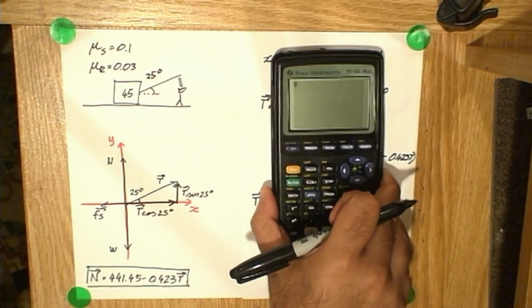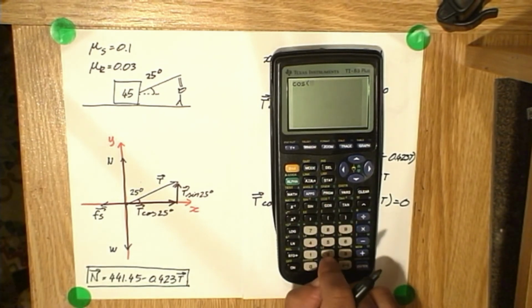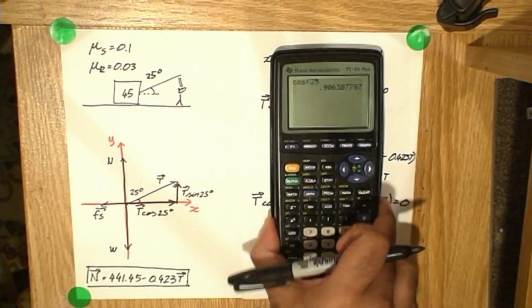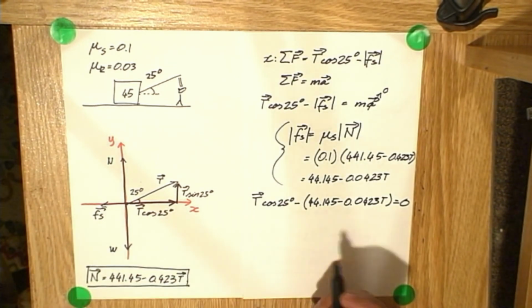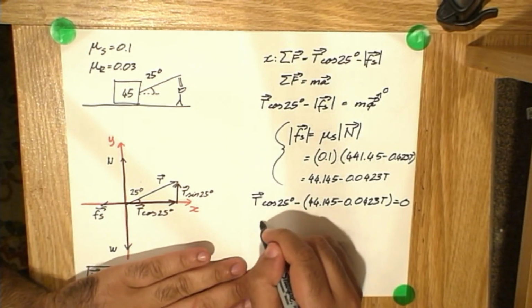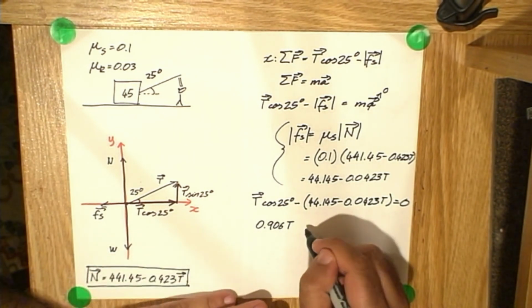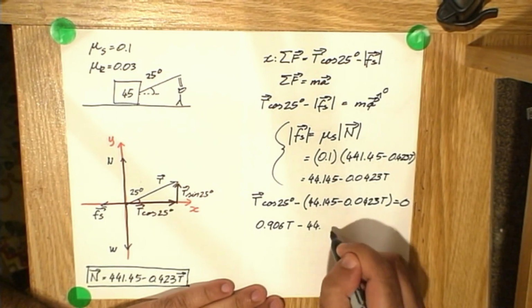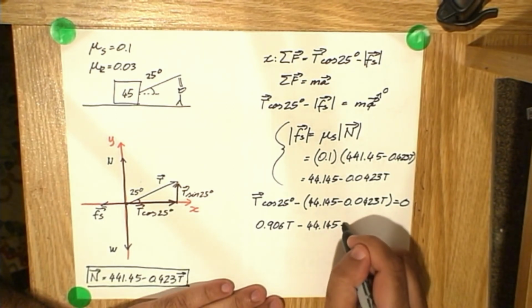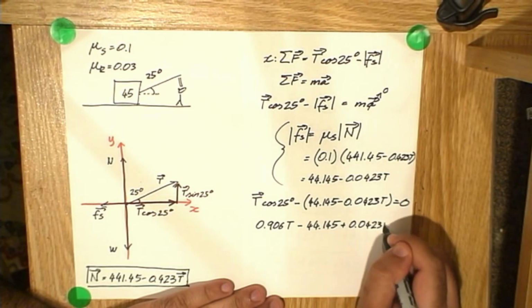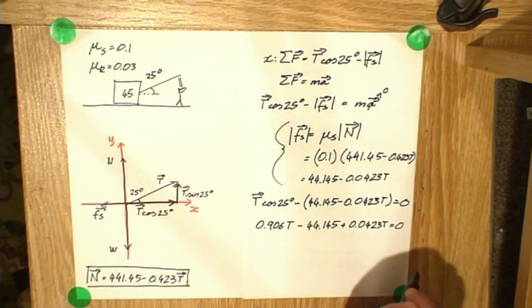Let's simplify this somewhat. The cosine of 25 degrees is 0.906. So now this can be simplified to 0.906 times the tension minus 44.145 plus 0.0423 times the tension is equal to 0.